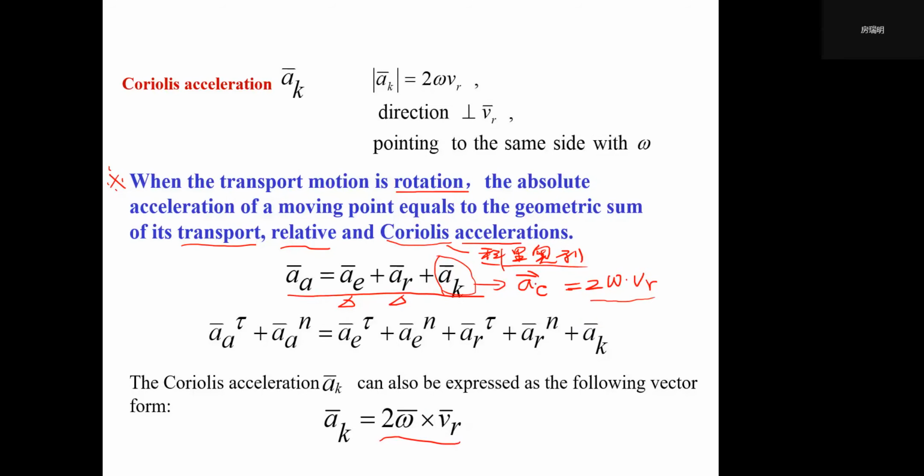I think maybe this part is too difficult for you guys to understand, so that's fine. You just need a little impression. I will not do further explaining, including any example. So this is the final page of chapter 8.